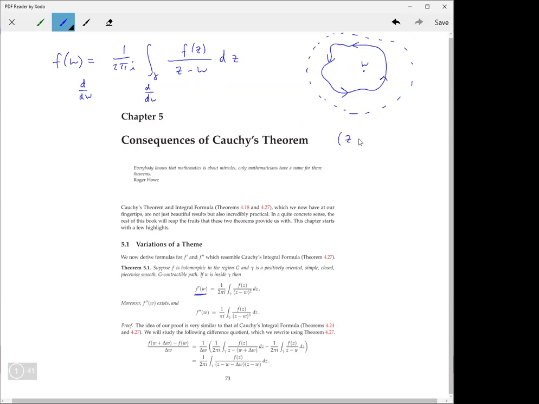The denominator is like z minus w to the minus 1. If you take the partial of this with respect to w, what do you get? One over z minus w squared. Yes, that's what you're going to get. So that is this piece right here.